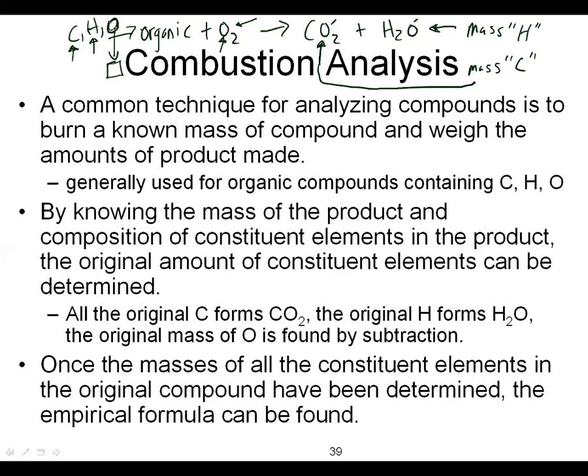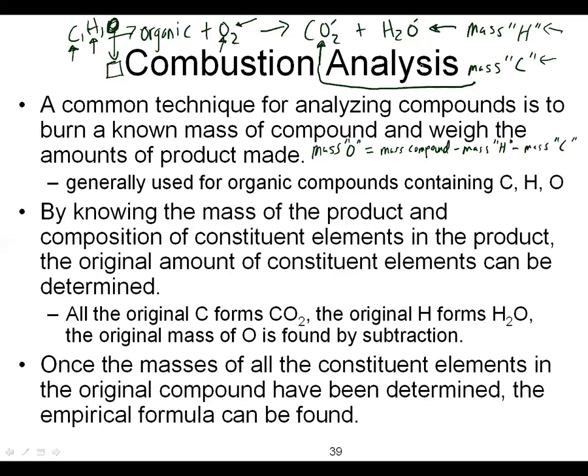So the reason why these two are important is because we can find the mass of the oxygen that was in the original compound by taking the mass of the compound minus the mass of the hydrogen that was collected minus the mass of the carbon that was collected.